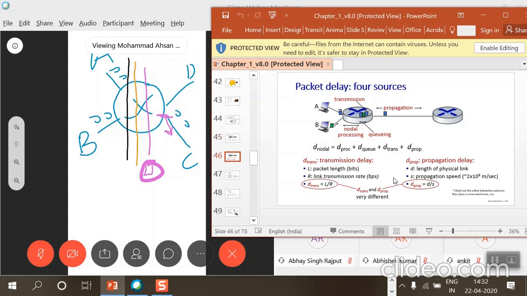As the name itself would say, propagate. Now our packet has reached this link.